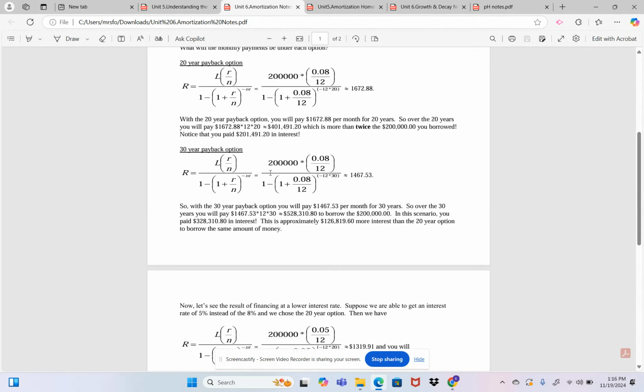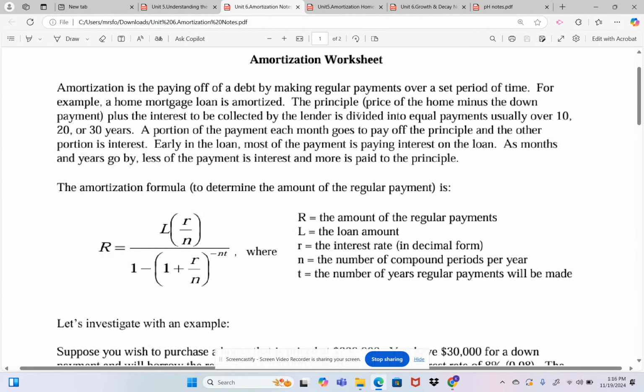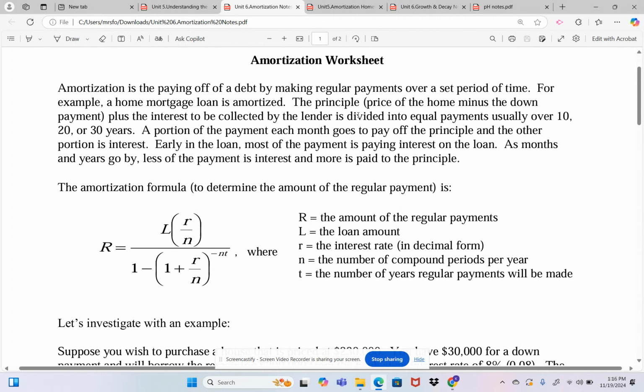Okay, next in our packet is the amortization worksheet. So now, what we've looked at before is us earning money. Now, this is us paying off debt. Not as much fun as earning money.